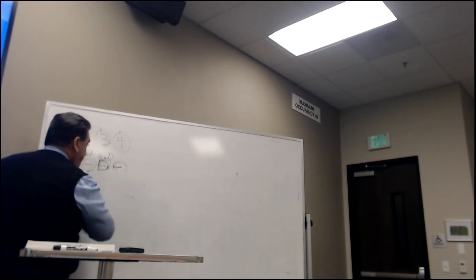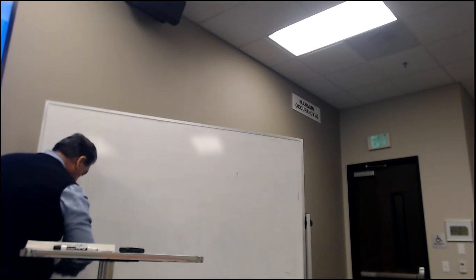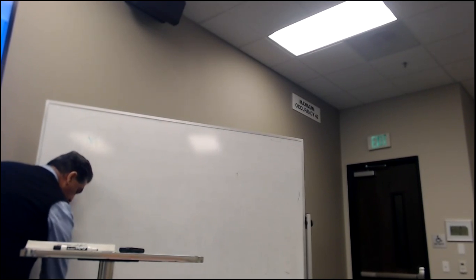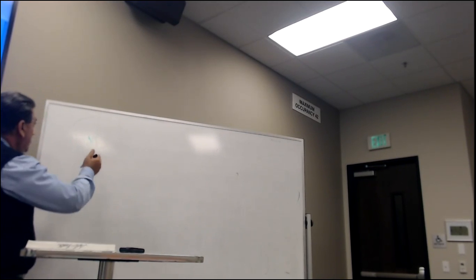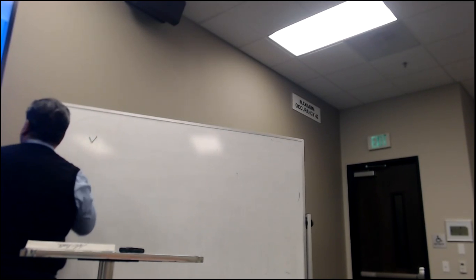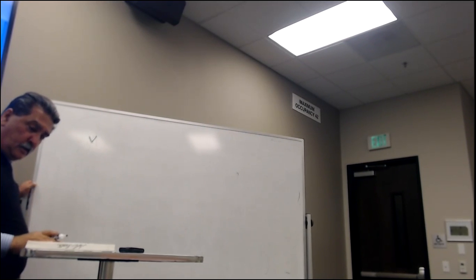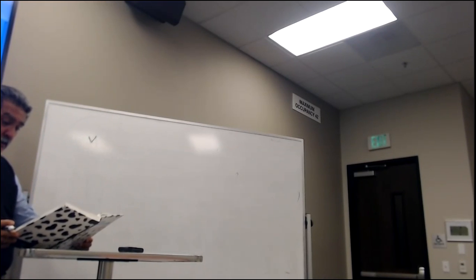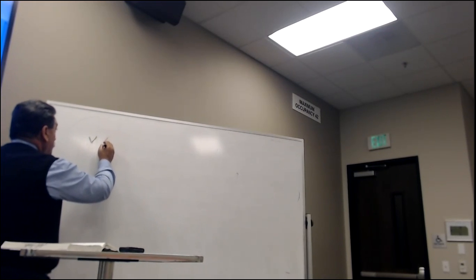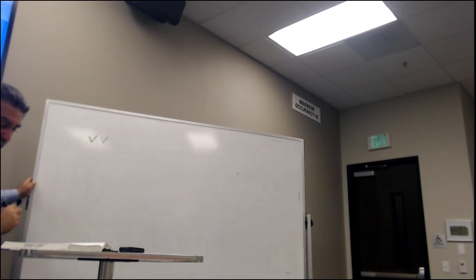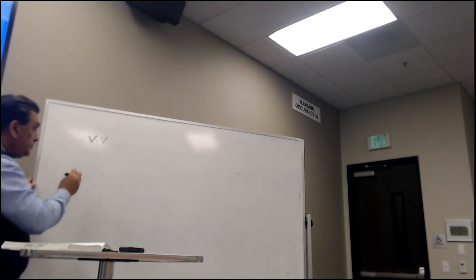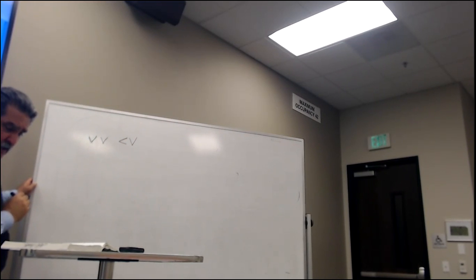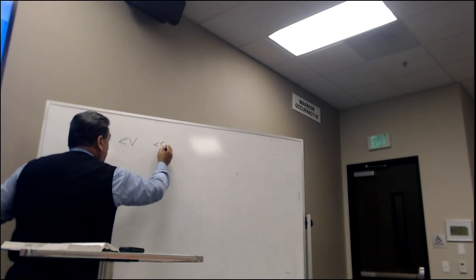Now, in this example we have these symbols: two symbols that look like a V, an arrow, then 2 arrows, and 2 V's.